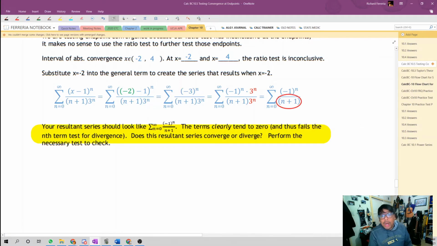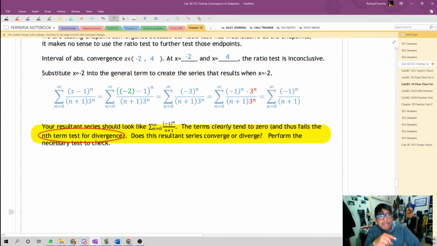So since the denominator gets bigger, but the numerator doesn't get bigger, the general term is going to go to 0, which means that we're failing the nth term test for divergence. I always try to make a quick check of the nth term test for divergence, because if it fails that, then I don't have to do a whole lot of work to show that this converges.